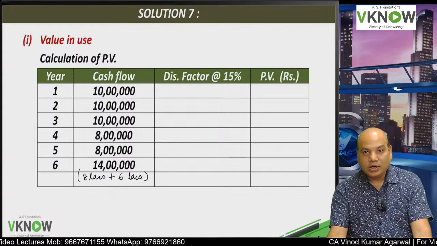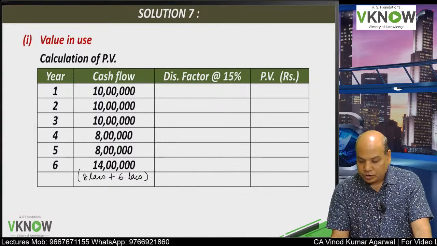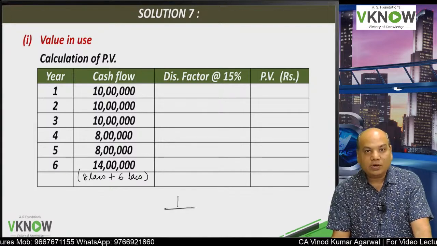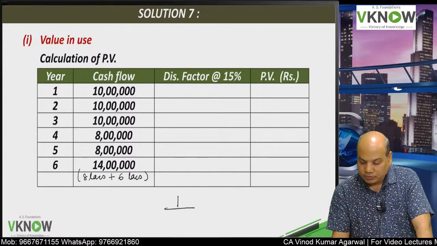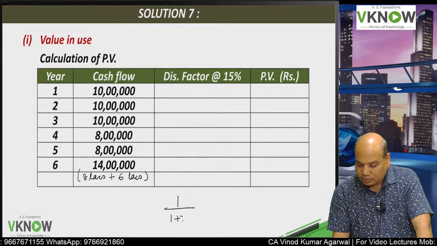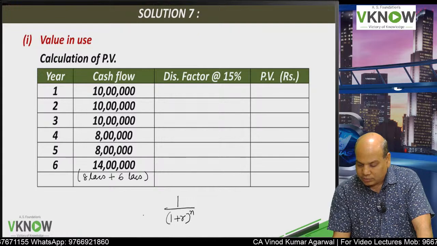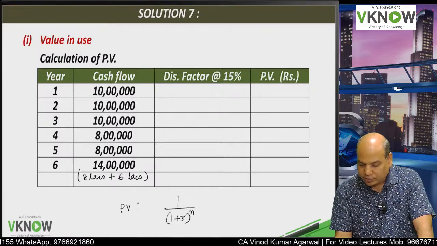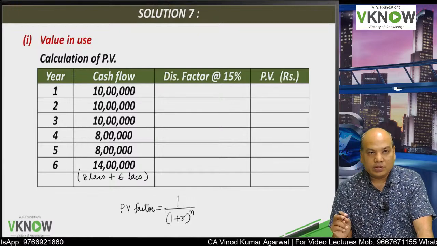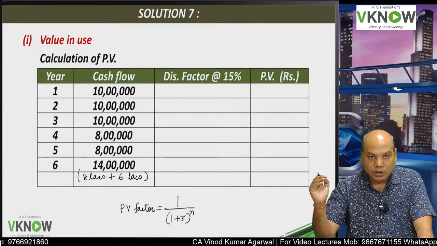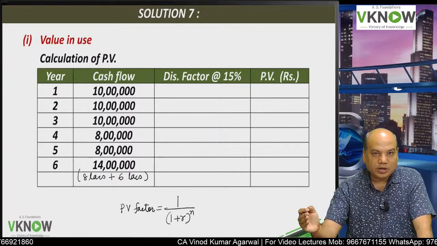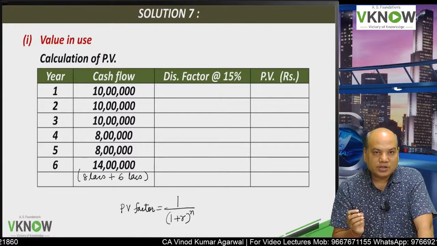Now I will calculate discounting factor. Discounting factor means present value factor of 1 rupee. 1 divided by (1 plus r) to the power n is called present value factor. Present value factor means if you receive 1 rupee after 1 year, what is its present value?